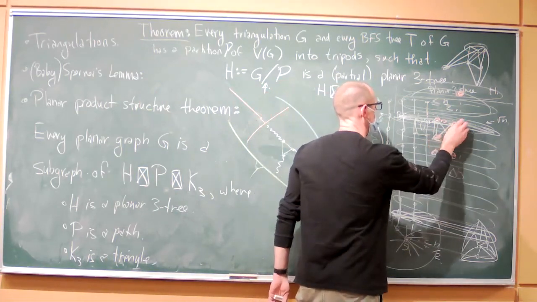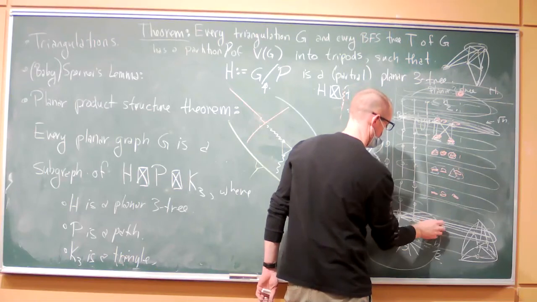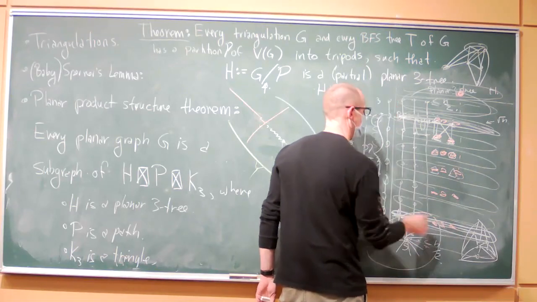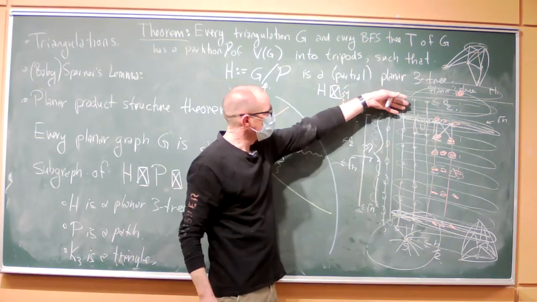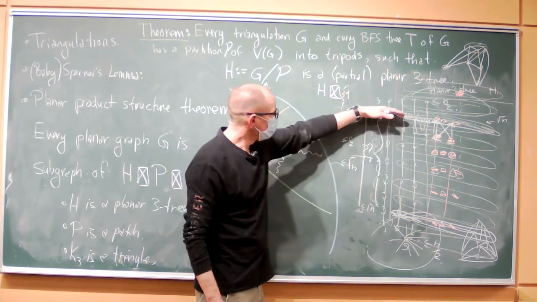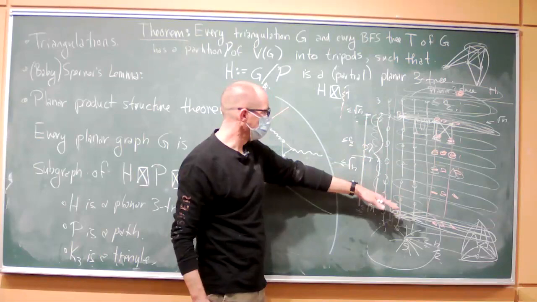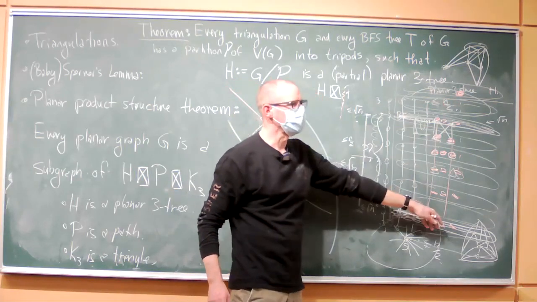And I take those from each level. Okay. So this part up here is less than n over 2. This part down here is less than n over 2. And in between here and here could have been big, but this breaks it up into 2 parts that are each of size less than 2n over 3.